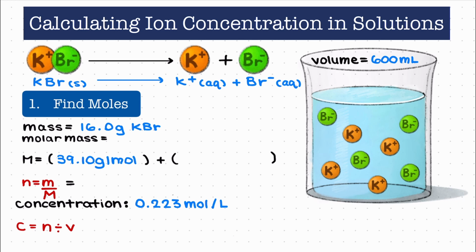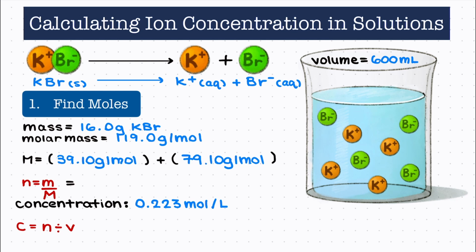And our bromine has a molar mass of about 79.10 grams per mole. Now, if we put that in our calculator, we'll get a combined molar mass for potassium bromide, which is 119.0 grams per mole.